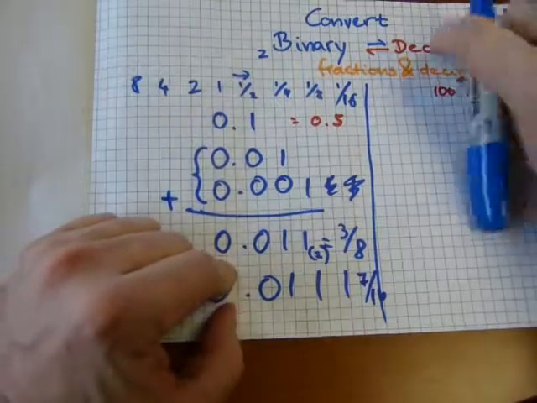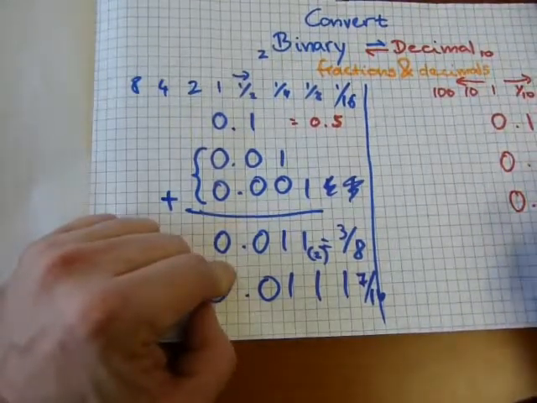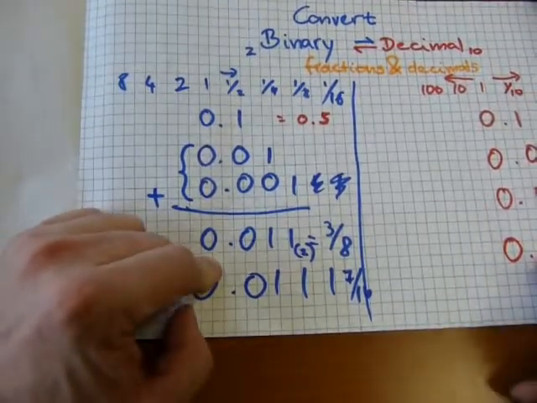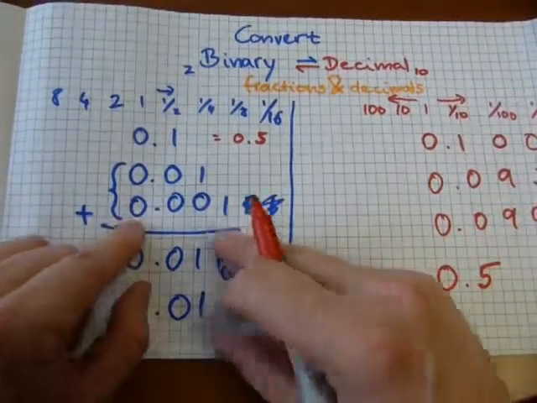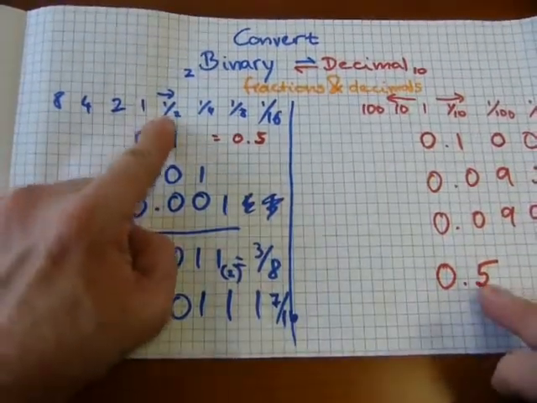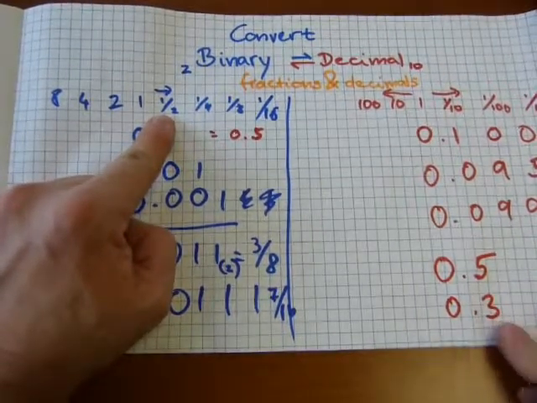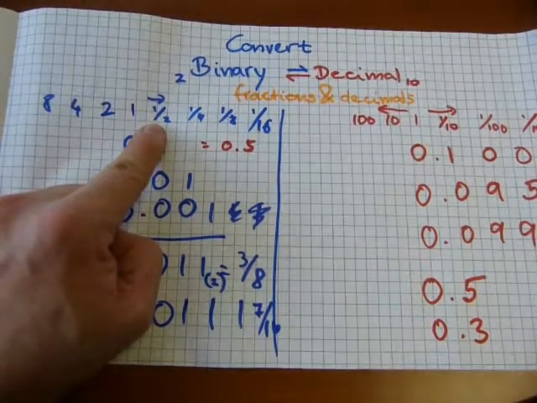To convert a number, for example 0.5, into binary is easy, because you do have a half. But if you want to try to convert a number like 0.3, good luck with it. It's not really possible.